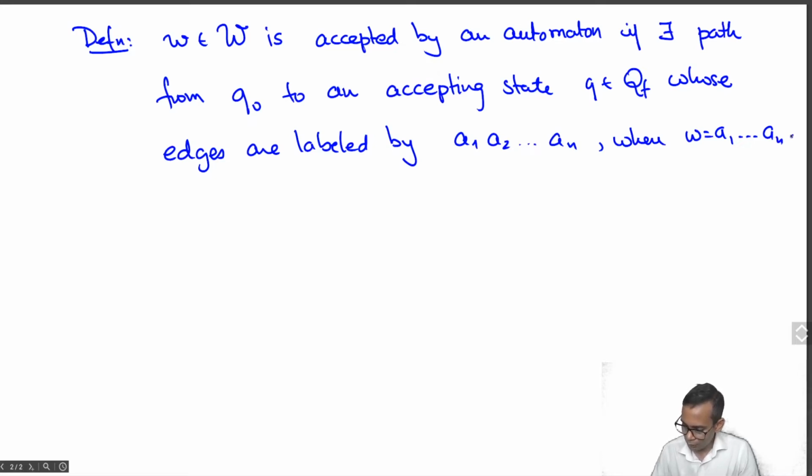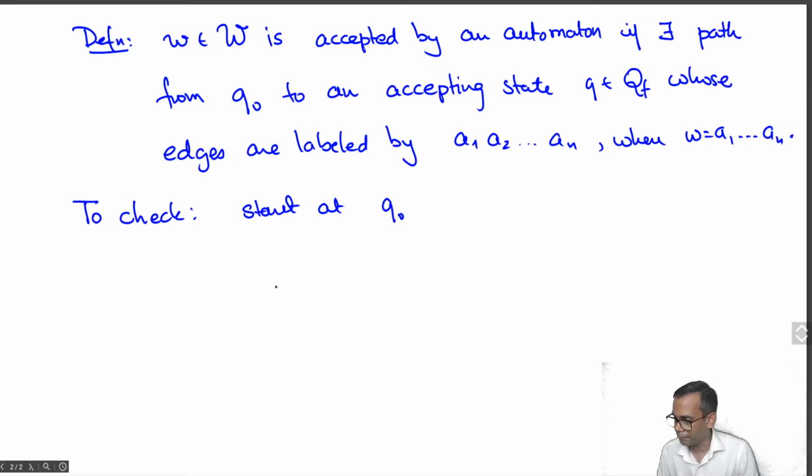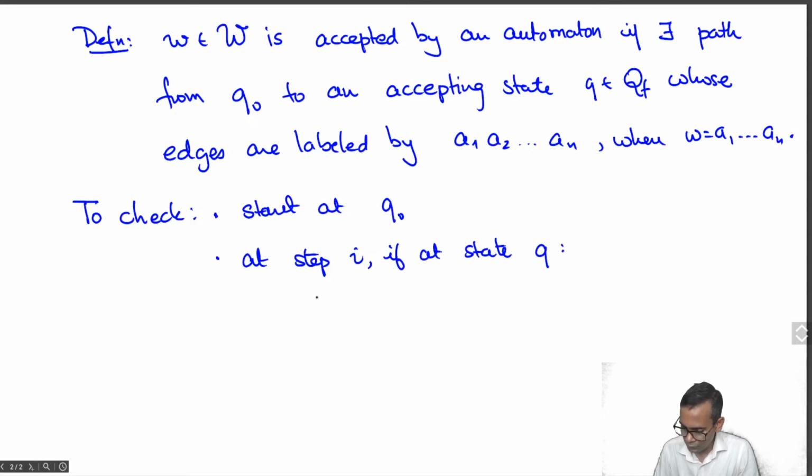Okay, so how do you check if a word is accepted by an automaton or not? What you do is start at Q0, the initial state, and then at step i, if you are at state Q, then you have two options.